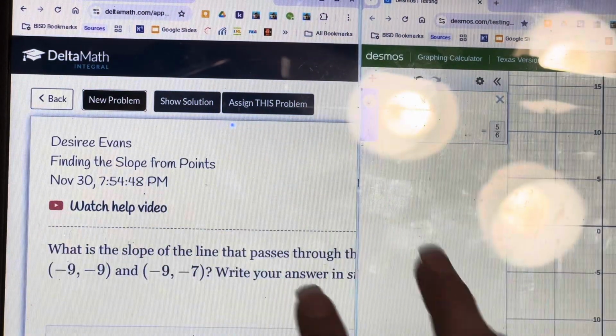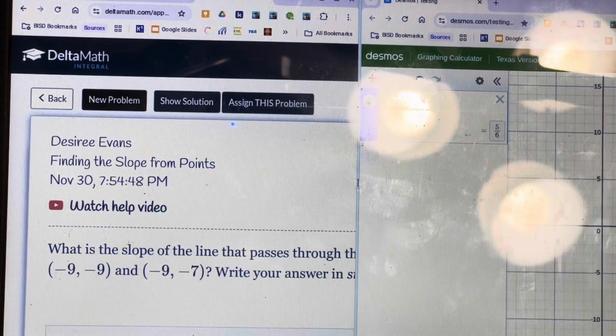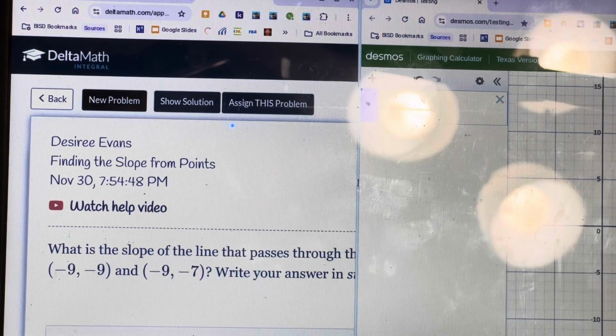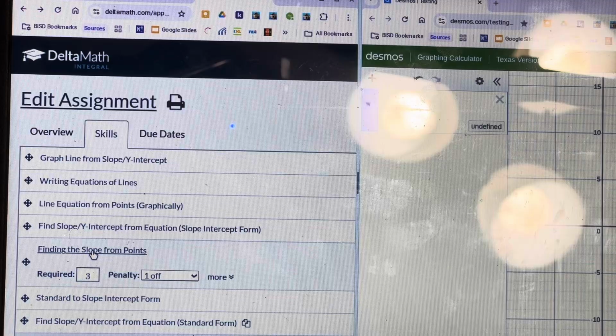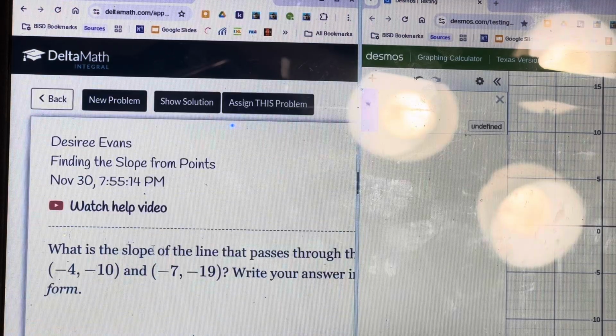Okay, one more. Same thing. We're going to make a fraction, y2 minus y1, -7 minus -9, over -9 minus -9. No. Oops. Sorry.